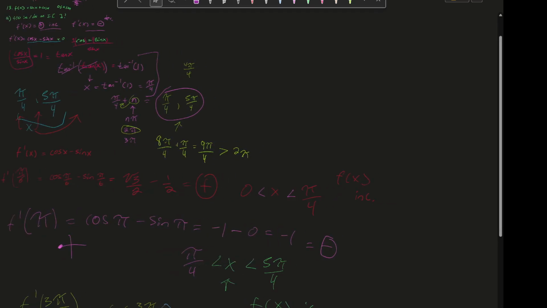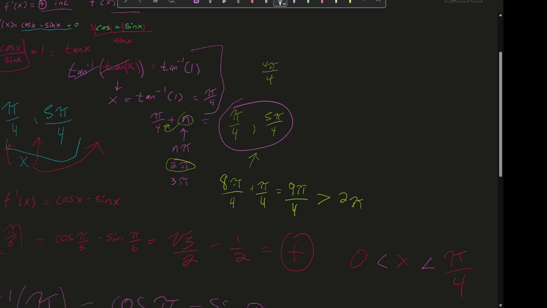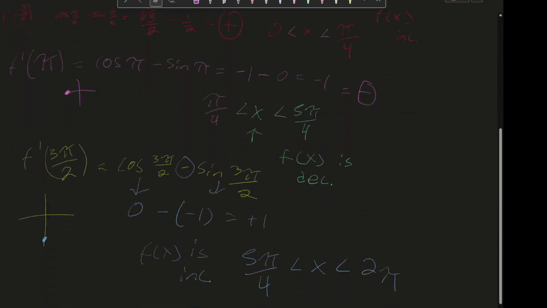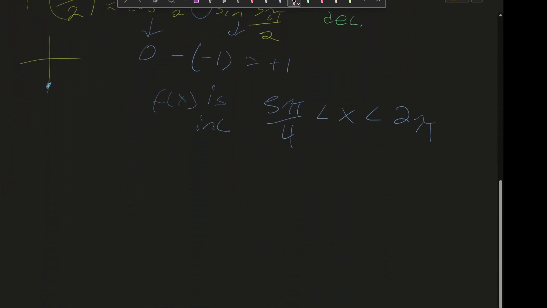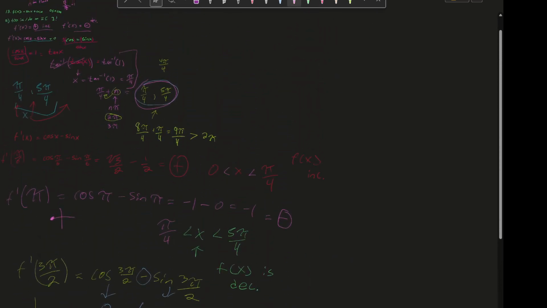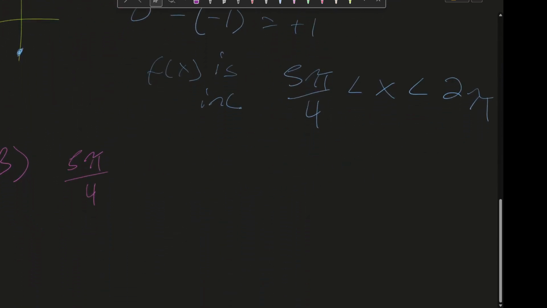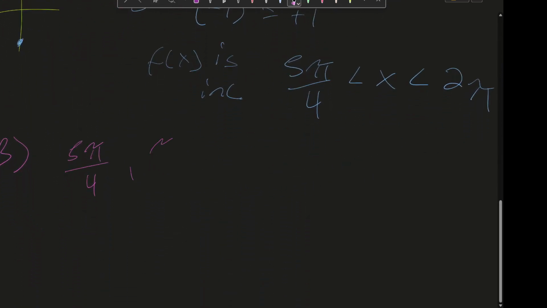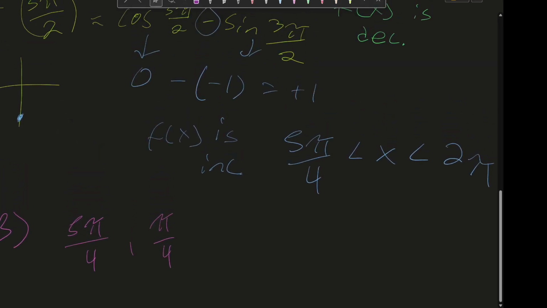Our critical points we found when we solved were pi over 4 and 5 pi over 4. Those critical points from part A were just points where your first derivative is equal to 0. Then our interval was from 0 to 2 pi. That's our given interval.